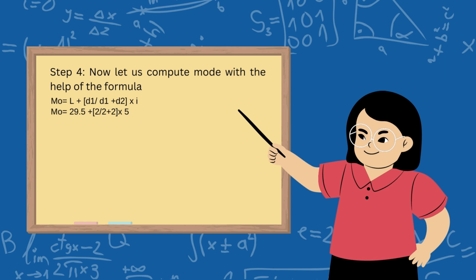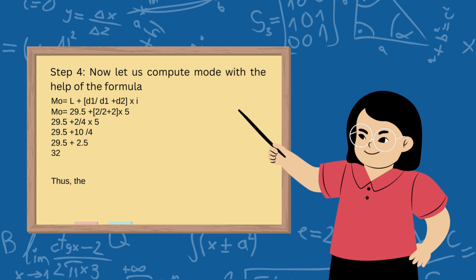D1 is 2, D1 plus D2 is 4, multiplied by 5, which is I, the class interval. So the score would be 29.5 plus 10 divided by 4, 29.5 plus 2.5, which is 32. So you can see the mode formula is very simple: L plus D1 divided by D1 plus D2 into I. So this is the formula.